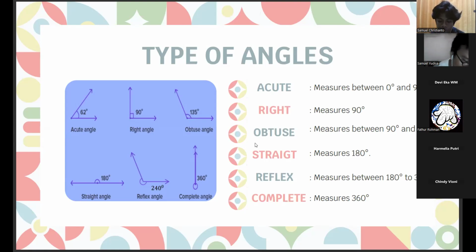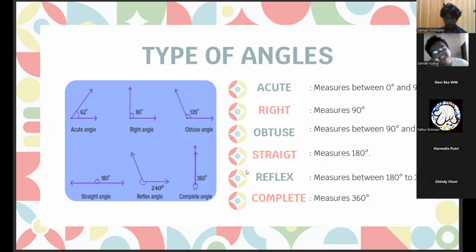After obtuse, there is the straight angle. A straight angle is an angle that measures 180 degrees. This is the example. A straight angle can be defined as a line.